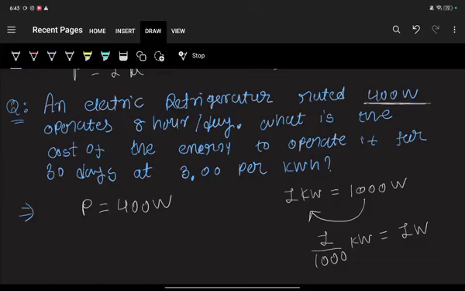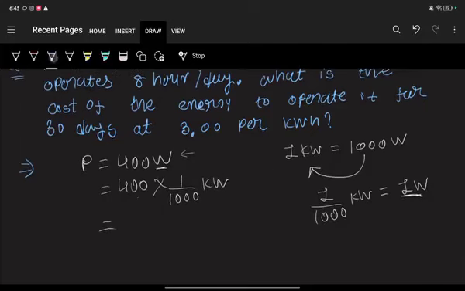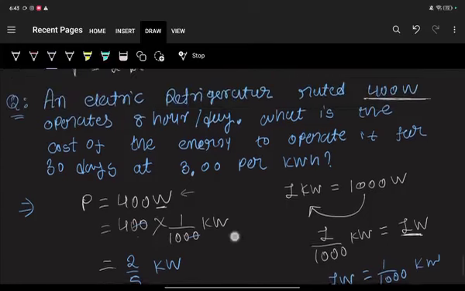If we want to convert this into kilowatt, we just need to plug in the value of 1 watt, which is 1 by 1000 kilowatt. These zeros get cancelled out and we'll get 2 by 5 kilowatt. So now you know how to convert watt into kilowatt. Simply remember 1 watt is equal to 1 by 1000 kilowatt. Okay? Now do this question.